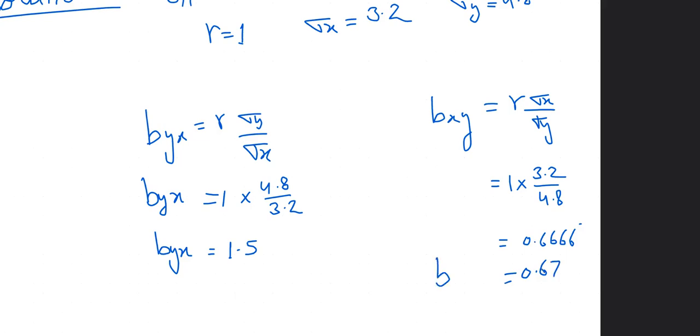And this is 0.6666, or by rounding off we can write it as 0.67. This is bxy. In this way we can find the regression coefficient.